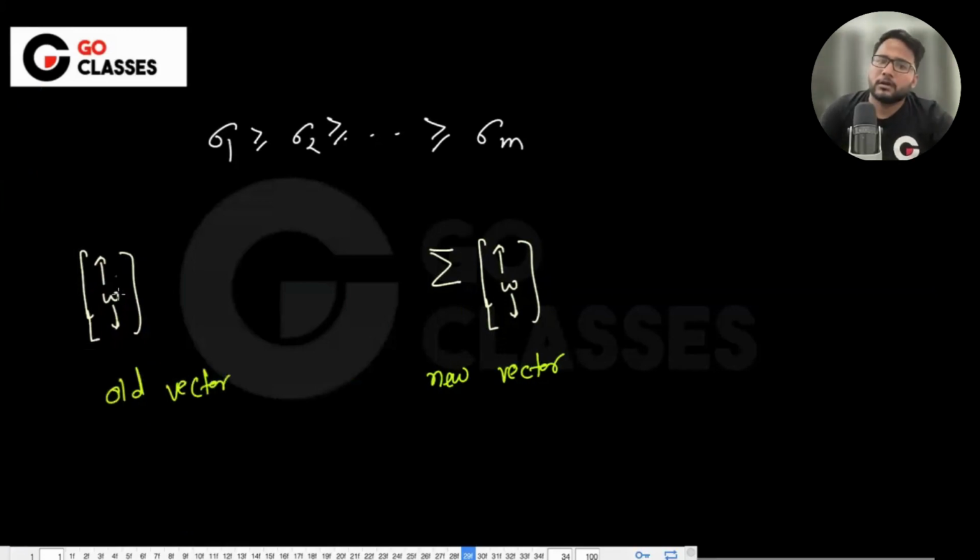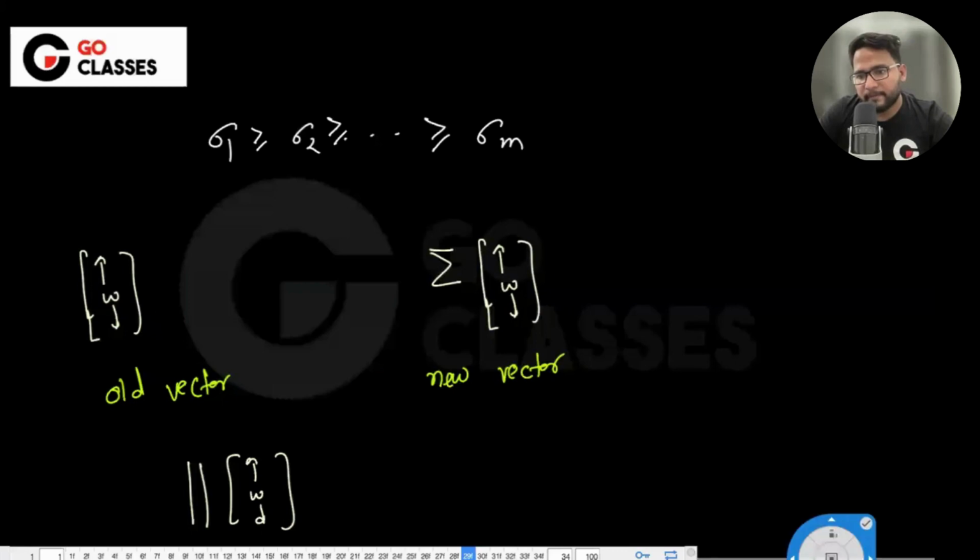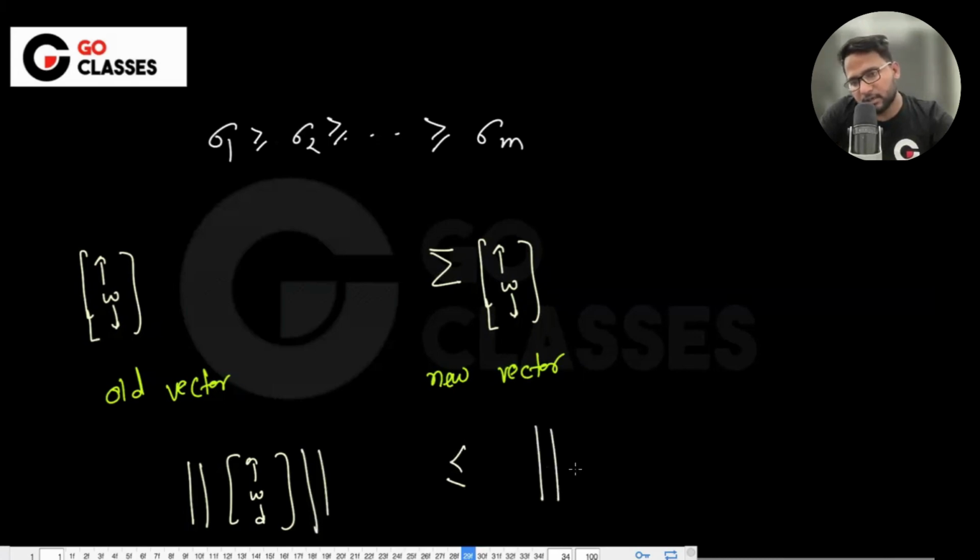So if I talk about the length between the old vector w and the new vector, I can say that the new vector length will be in between like this. Let me know how many of you agree with this.